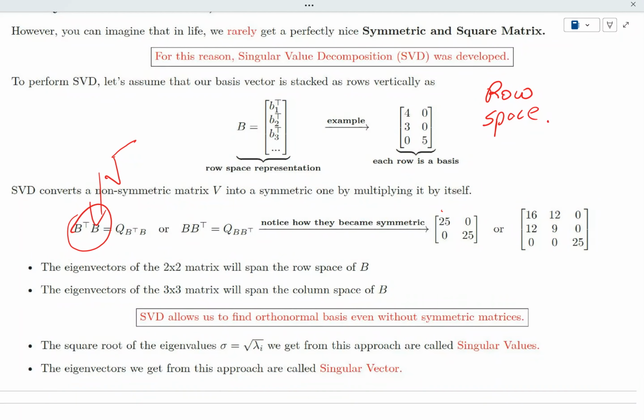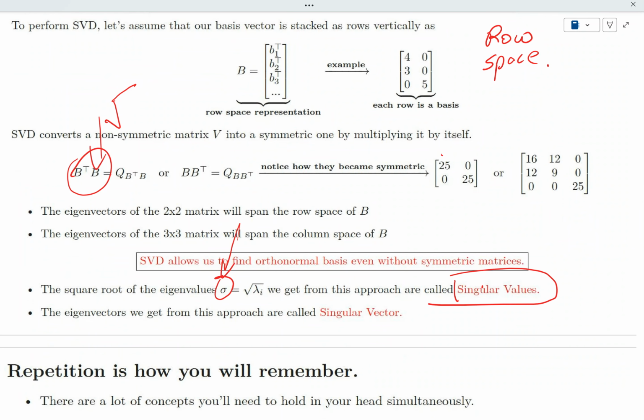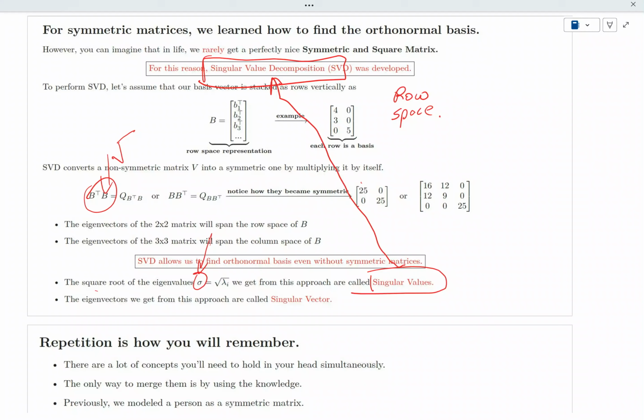We calculate the eigenvalues and take the square root, and this is called a singular value, from singular value decomposition. And the eigenvectors we get are no longer called eigenvectors. They're called singular vectors.